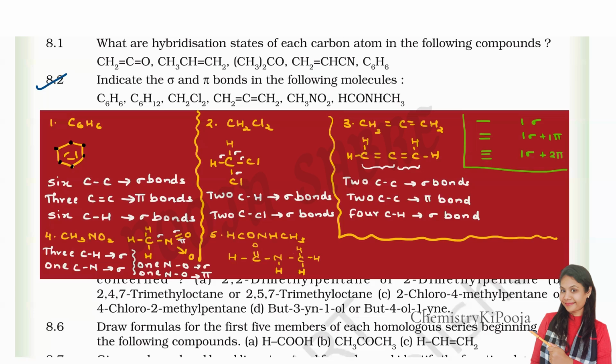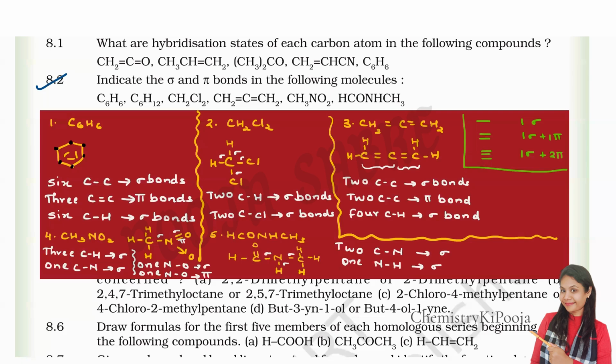I have 2 carbon-nitrogen sigma bonds. Clear? After that, we have nitrogen and hydrogen, here this is 1 nitrogen-hydrogen sigma bond.